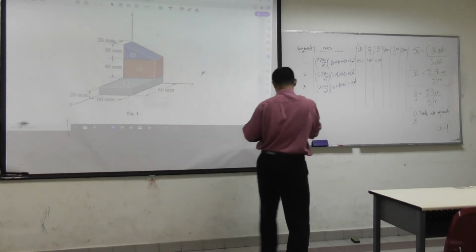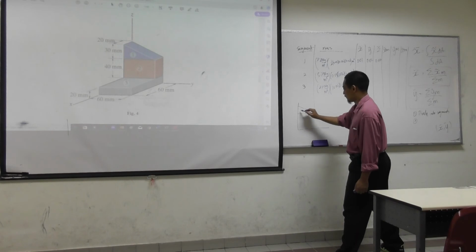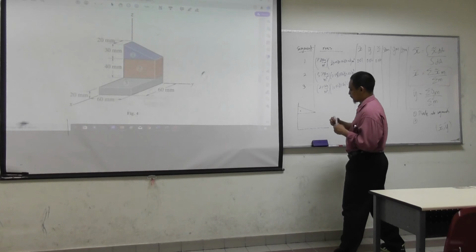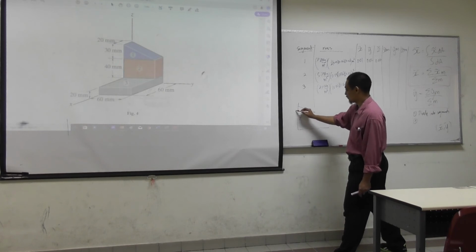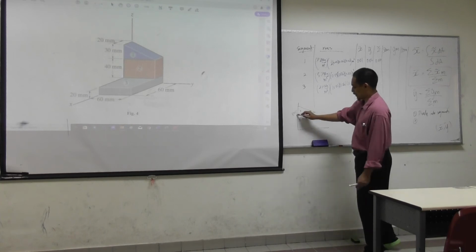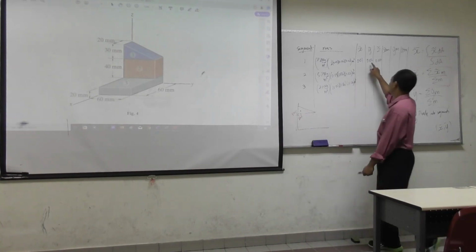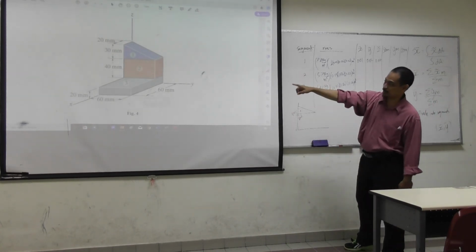Meaning that if you draw from that perspective, it looks like this. I give you the y and z. So from here you know that this one is 1/3 of 60, and this one is 1/3 of 30. So the coordinate you have to add this thing. So for y you get 20, for z you get 10 plus 40 plus 20.